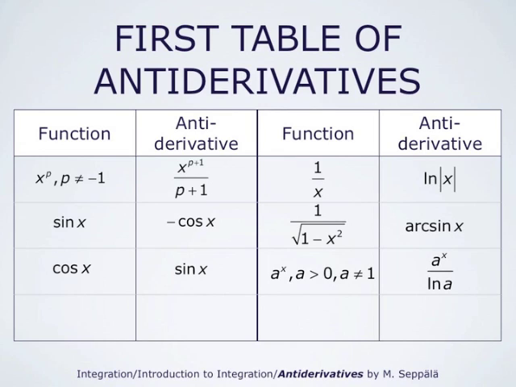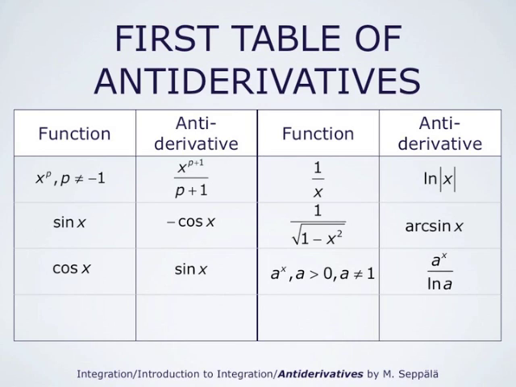The function a to the power x is defined only if a is positive. If a equals 1, a to the power x is always simply 1. That's a special case. If a is positive and different from 1, then an antiderivative of a to the power x is a to the power x divided by log of a.